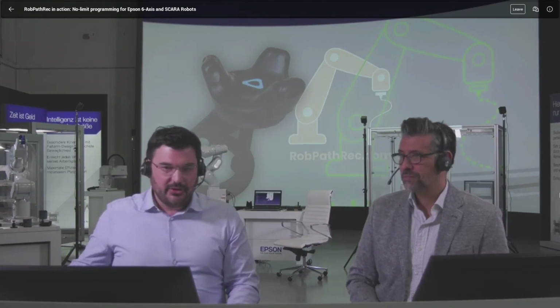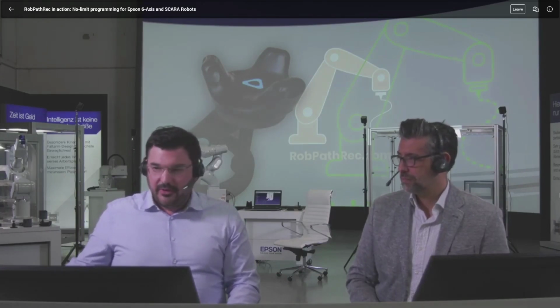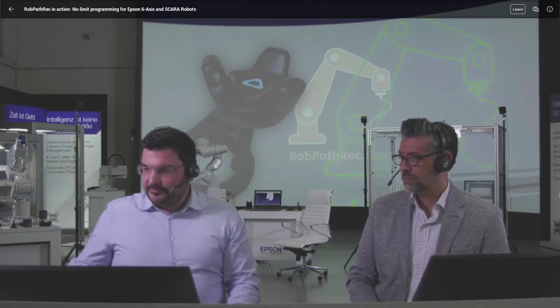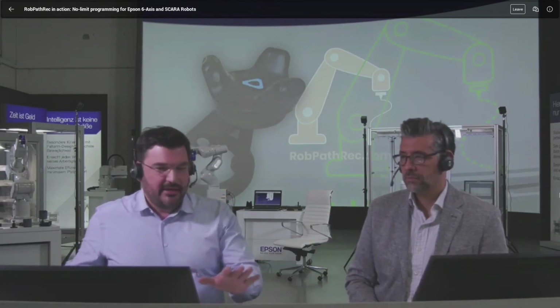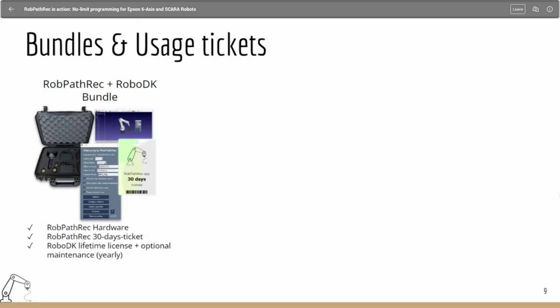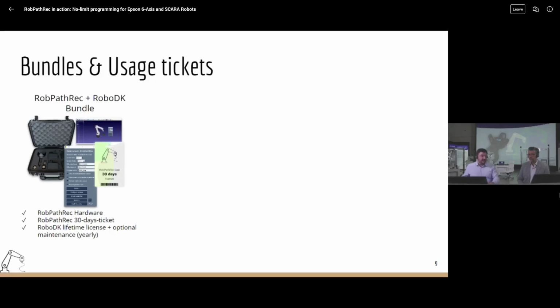If you do not have anything, so you don't have RoboDK, you don't have anything of our bundle, then we recommend the complete one, in which you get the hardware, a 1 month usage ticket for our software, and RoboDK. If you already have RoboDK, then we have the RobPathRec only package. With this one, you can use our hardware and our software for 30 days. And here's the answer to your question.